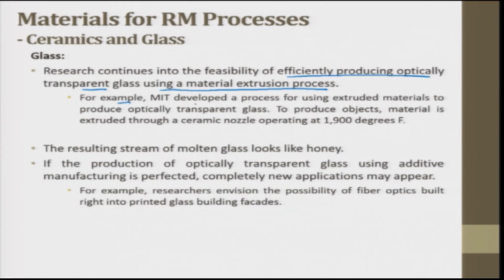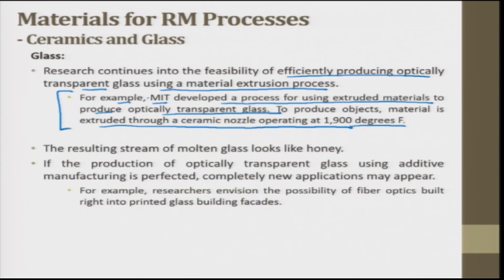For example, MIT developed a process for using extruded materials to produce optically transparent glass. To produce objects, material is extruded through a ceramic nozzle operating at 1900 degrees Fahrenheit. So, this is one of the research that is carried out in MIT. The resulting stream of molten glass looks like honey.